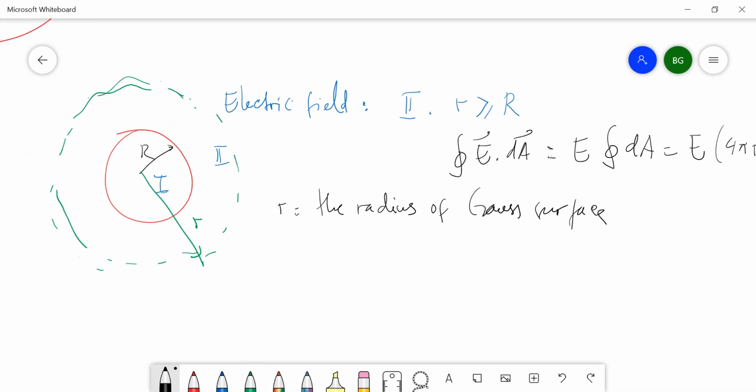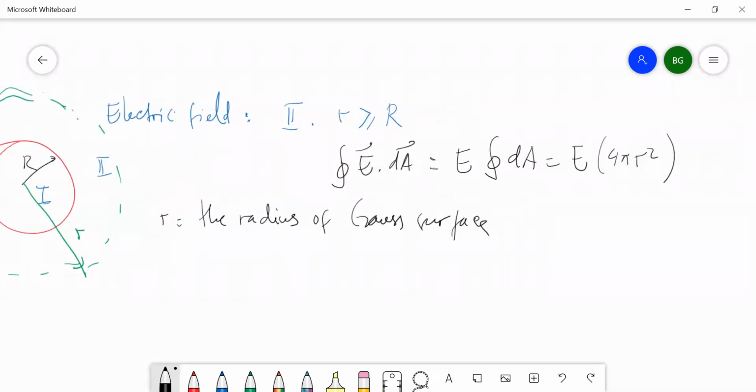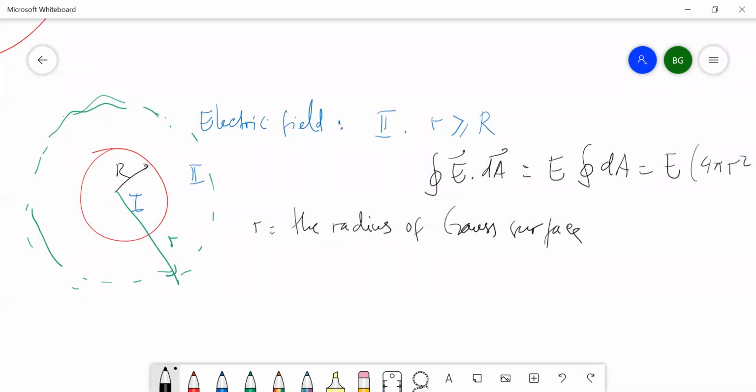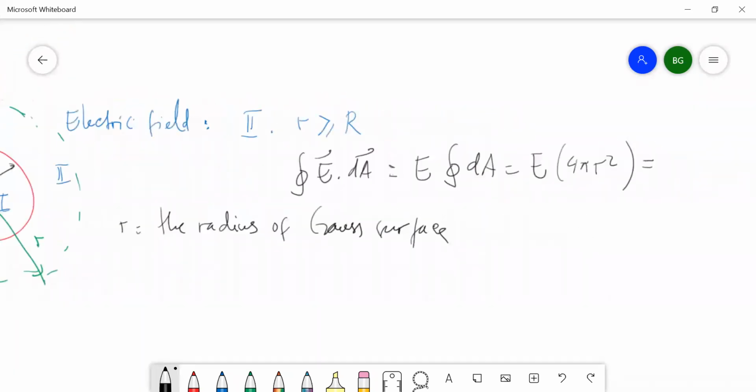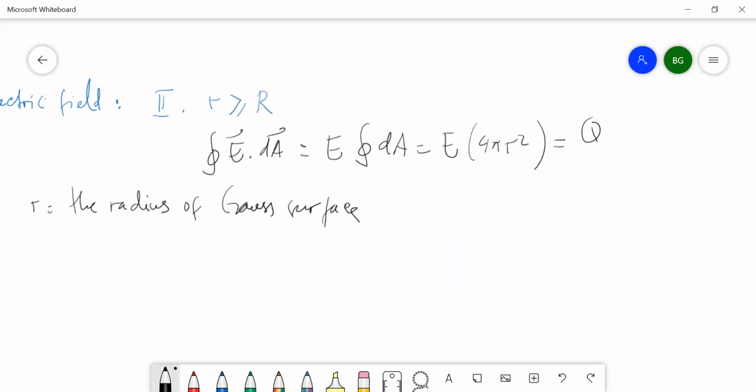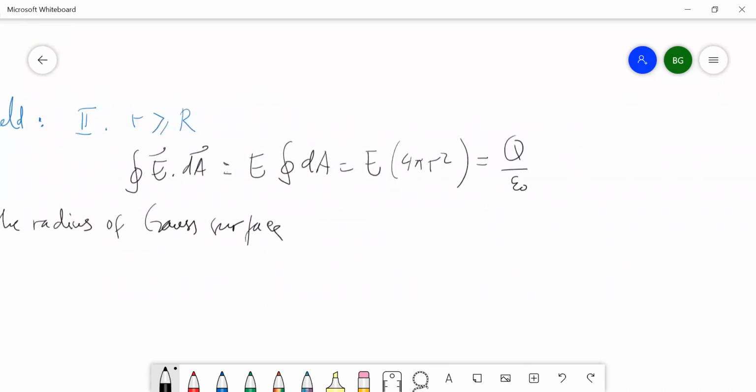How many charges are covered by this Gauss surface? This is Q enclosed, which is Q here, over epsilon 0, the vacuum permittivity.